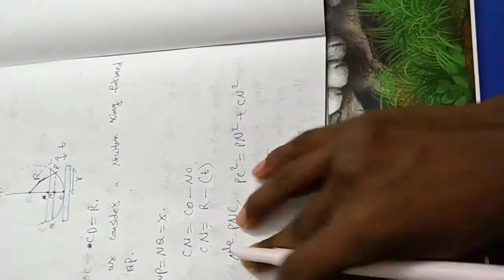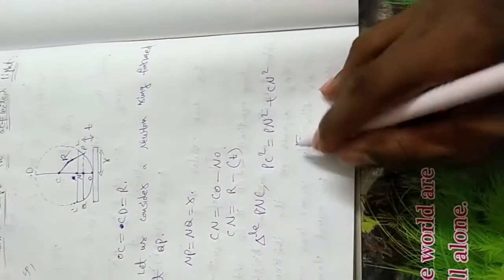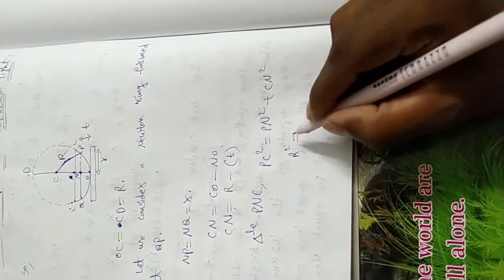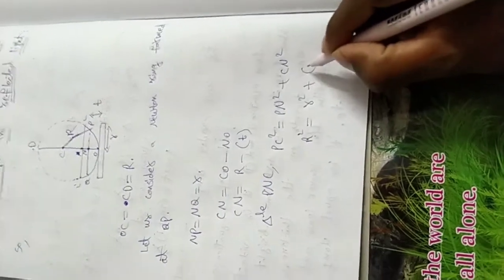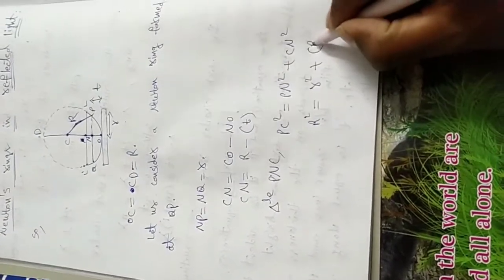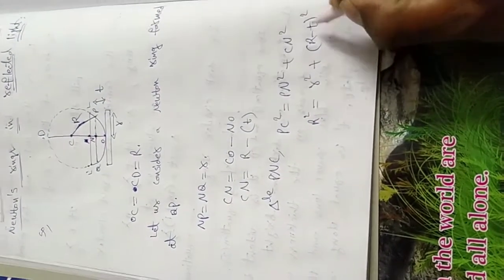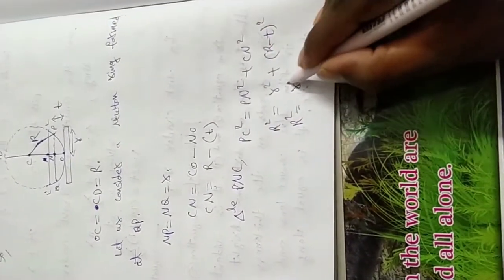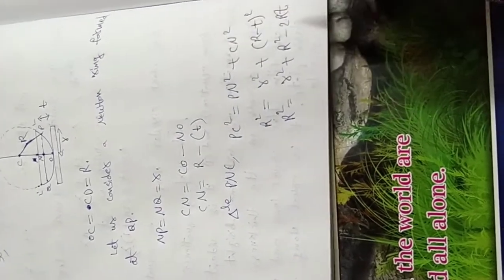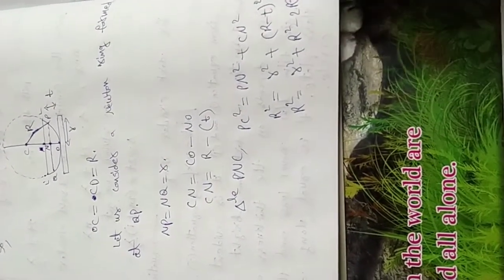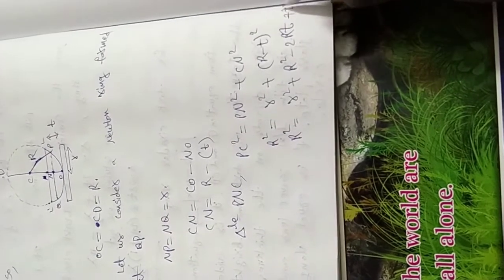PC is capital R, PN is small r, and CN is equal to (R minus t) whole square. On solving, using the (a minus b) whole square formula, we get R square minus 2Rt plus t square.